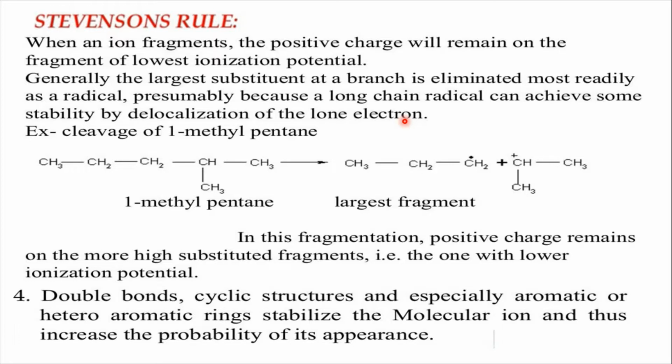As we know, the fragmentation process occurs through either homolytic or heterolytic cleavage, but there is a cleavage of the bond, and if the fragmentation occurs, then we get a radical and a cation. According to Stevenson's rule, the fragmentation occurs in such a way that the positive charge resides on the fragment with low ionization potential.